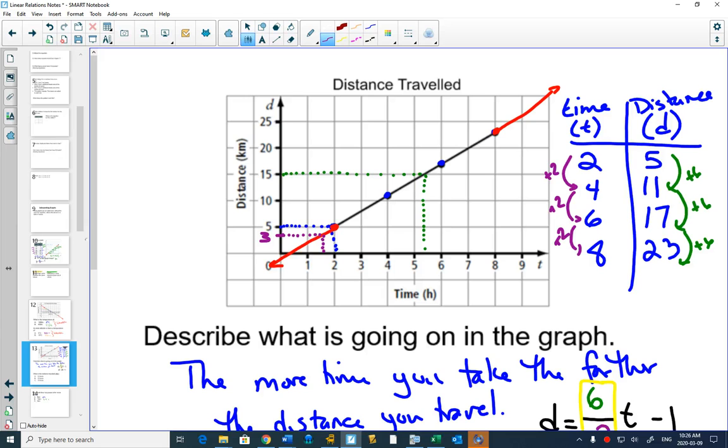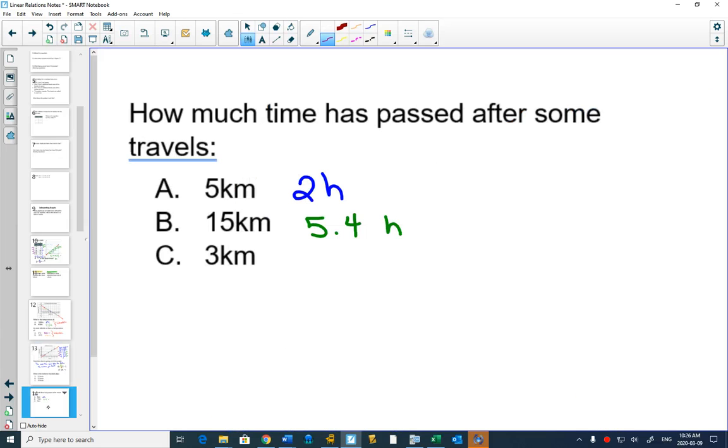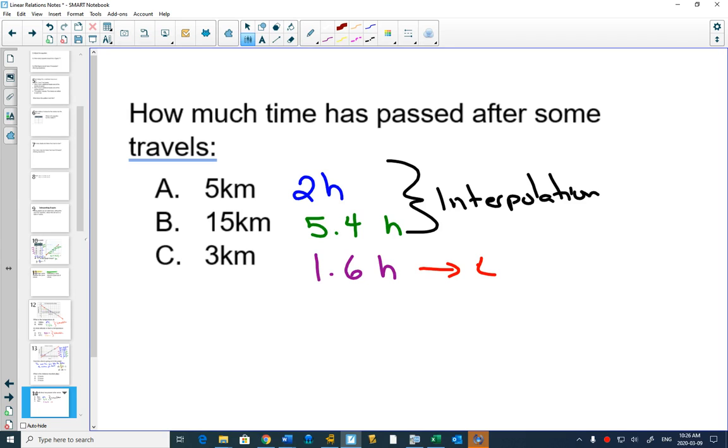Looks like at 1.6 hours. 1.6 hours. These two are interpolation. This one is extrapolation.